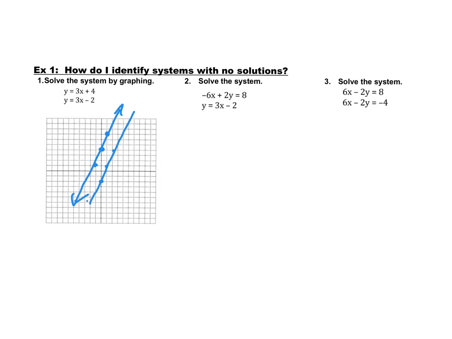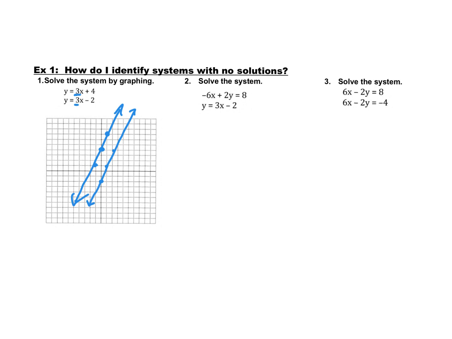Now let's think about what we know about these two lines. It appears that these two lines are parallel, and we know that parallel lines never touch. We know they're parallel because we learned in a previous chapter that parallel lines have the same slope, and both of these lines have a slope of 3. Now remember what we know about solving a system.